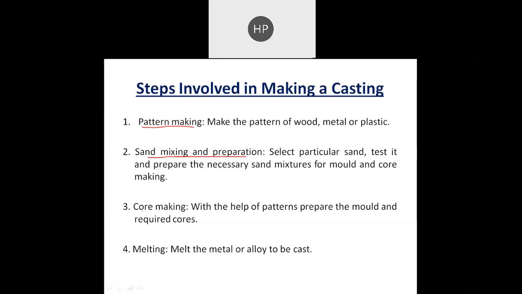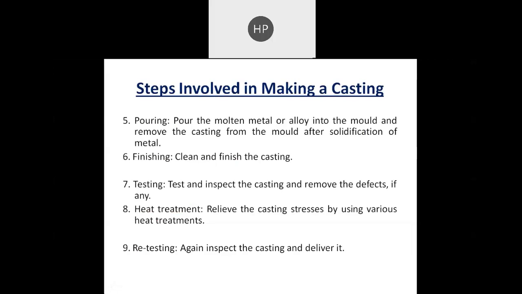Third, core making. Fourth is the melting of the metal. Fifth is the pouring of that molten metal inside the hollow cavity, and after solidification we take out the component. Then finishing the component, testing, and heat treatment to relieve the stresses, and again retesting, and it will be delivered. So these are the various steps involved in the metal casting process.